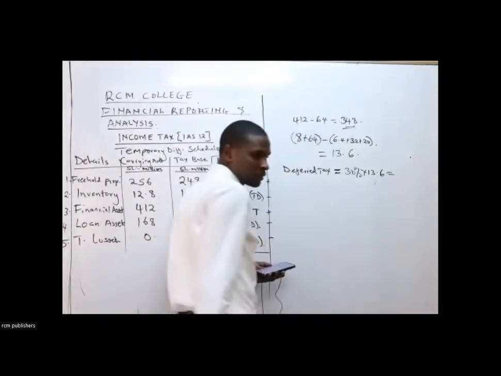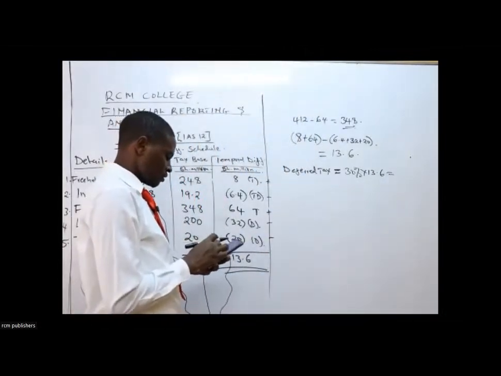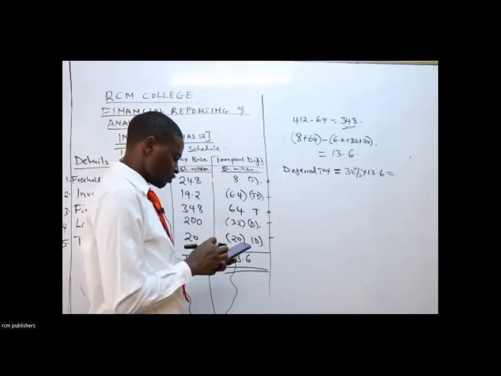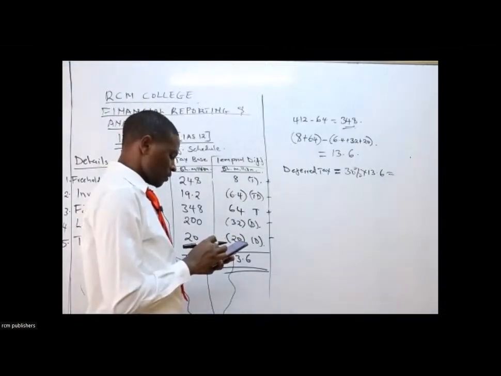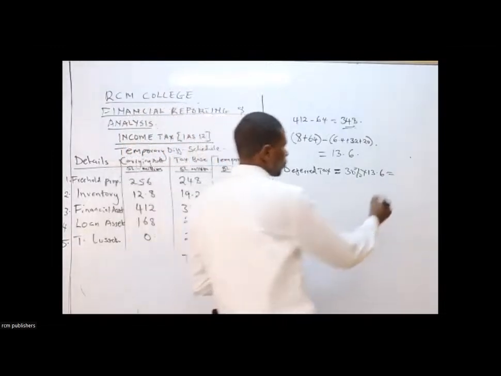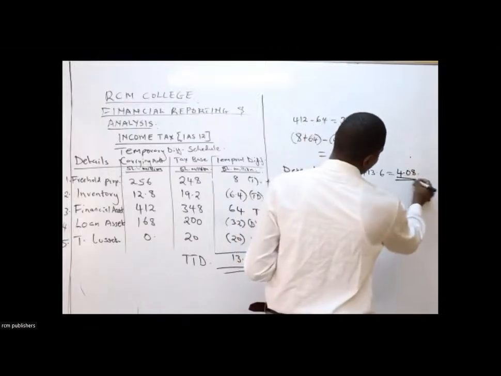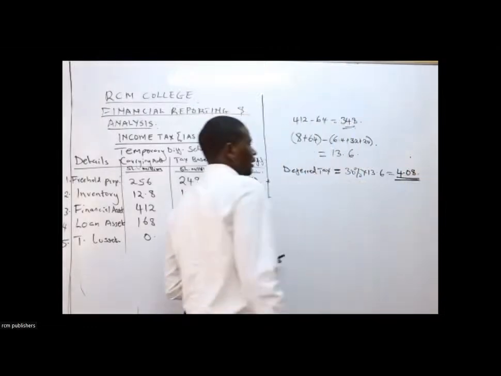Let me check. So it is 0.3 times 13.6. I'm getting 4.08. Yes, 4.08 as the deferred tax.